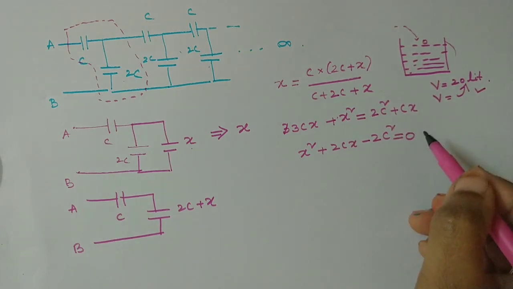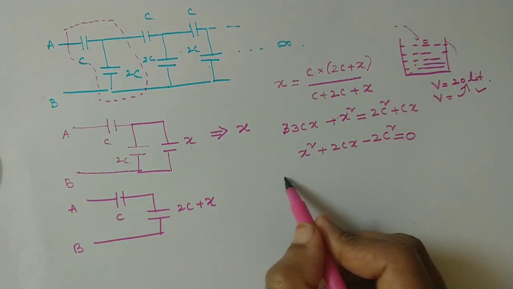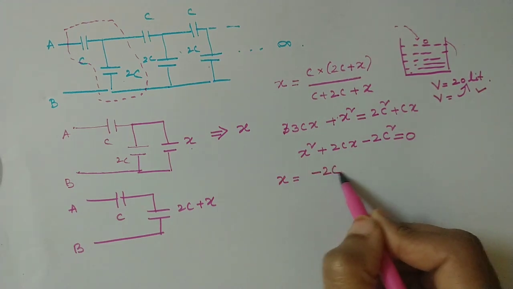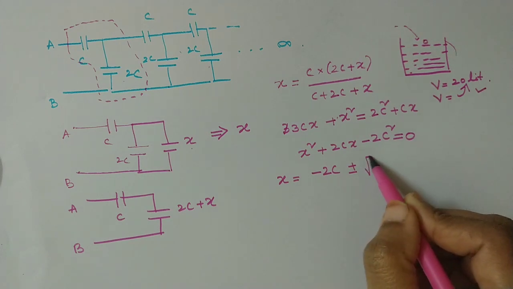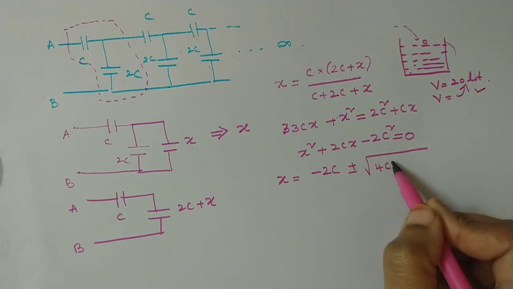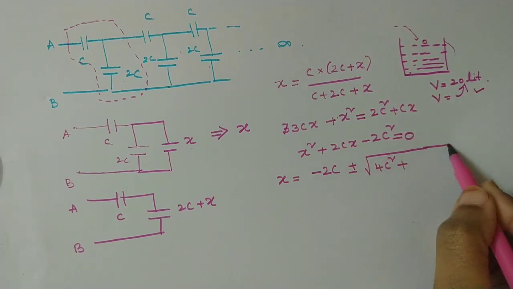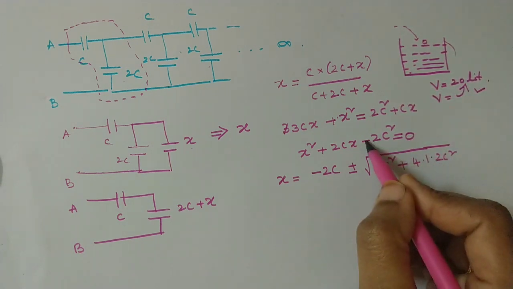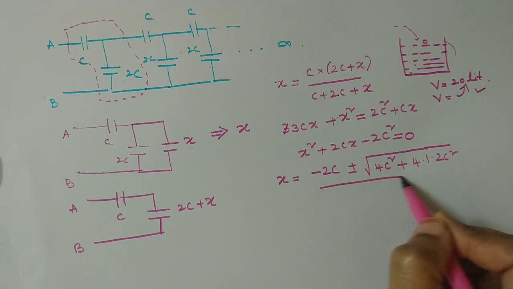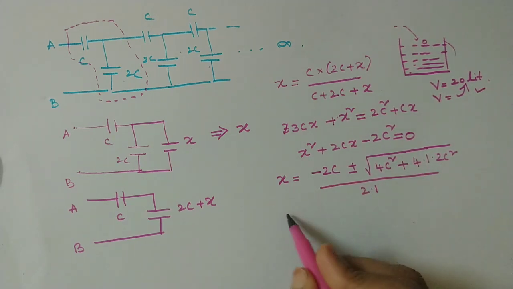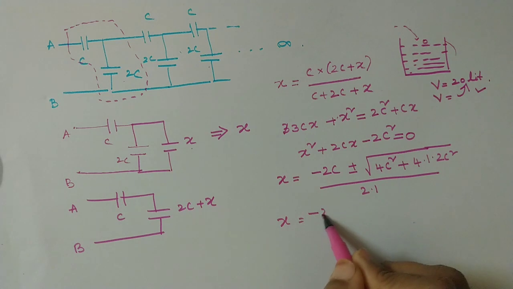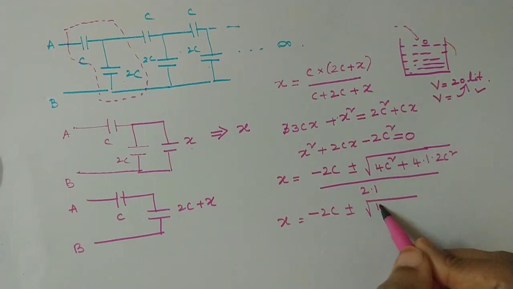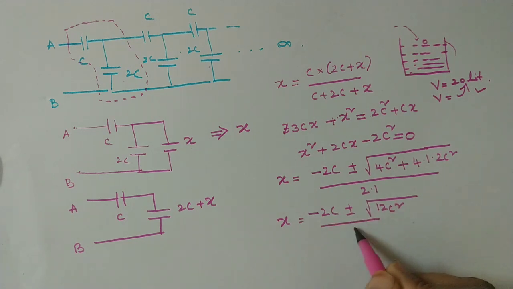See, we have got a quadratic equation here. Now you can solve the quadratic equation. The roots will be X is equal to minus B, that's minus 2C, plus or minus under root B square, 4C square, minus 4AC. So plus 4 into A, which is 1, into 2C square, this is minus 2C square, I made it plus, divided by 2 into A, that is 1. Or X is equal to minus 2C plus or minus under root 8 plus 4, 12C square, divided by 2.